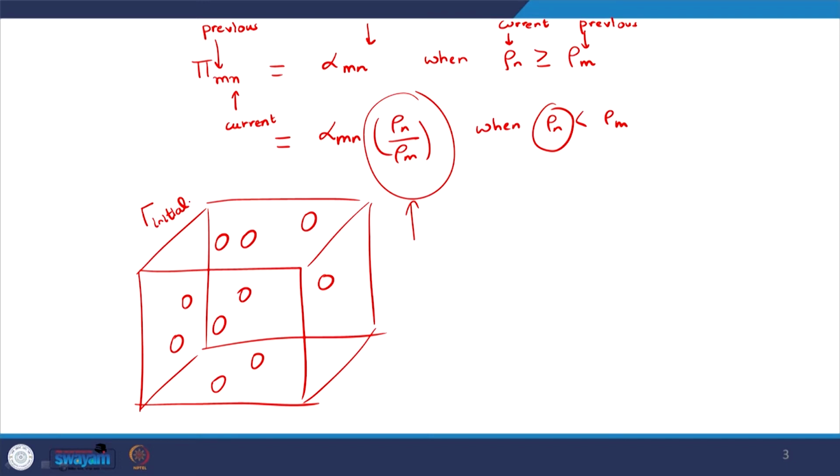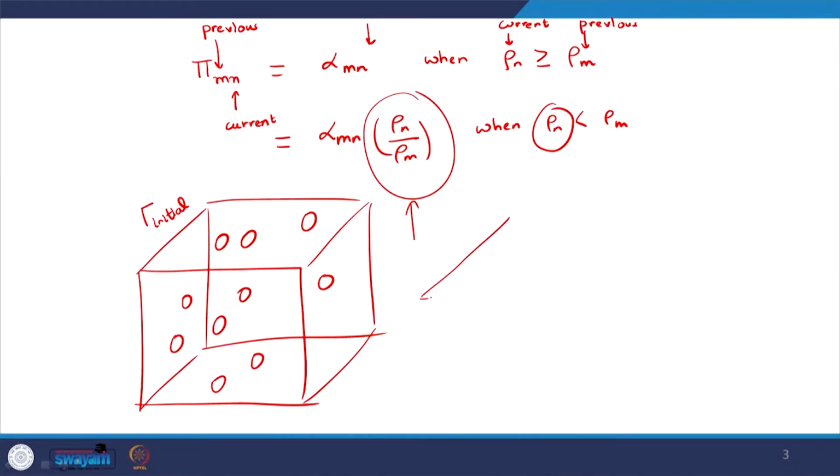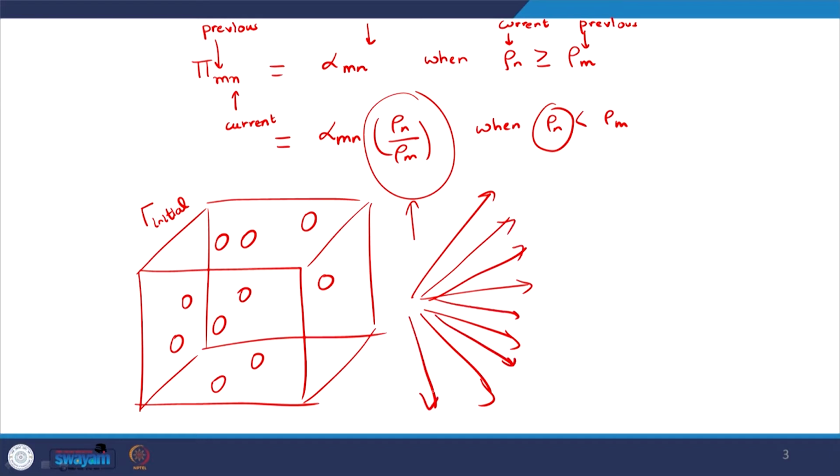Now, however, unlike molecular dynamics, I will not solve Newton's laws of motion. Instead, this system starting from here can go to many possible states. Let us say I have numbered the states gamma 1, gamma 2, gamma 3 to some gamma m. This gamma initial could be any gamma i, where i is in the range 1 to m, right.